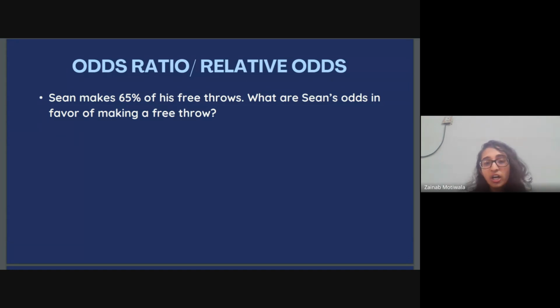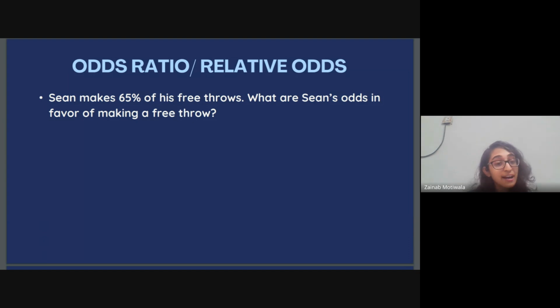So Sean makes 65% of free throws. What are the odds in favor of making a free throw in case of Sean? As I mentioned, it is the probability of an event occurring divided by the non-occurrence of that event. I don't want the actual mathematical answer, but you all can just tell me like 0 point something divided by 0 point something. So what is that?